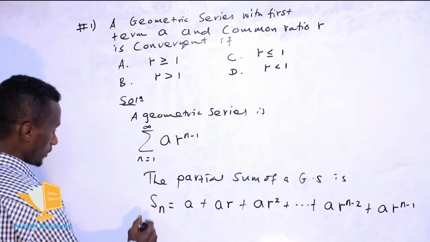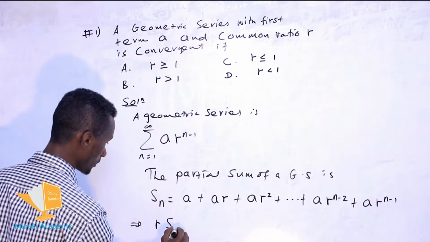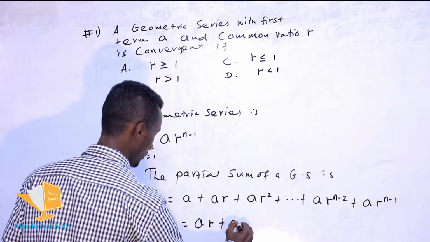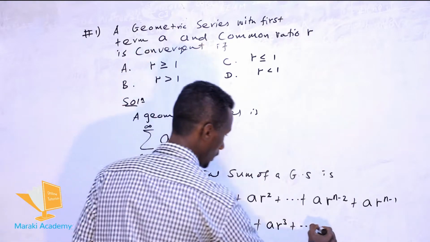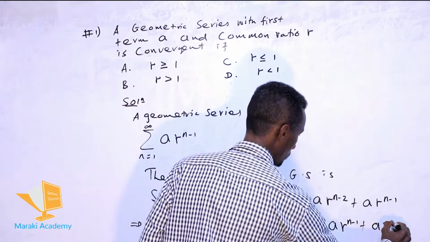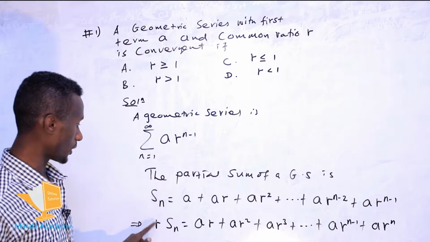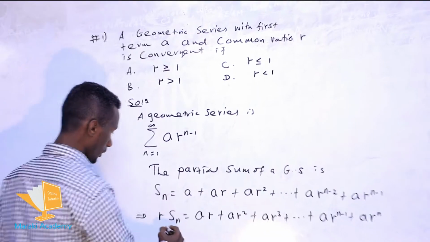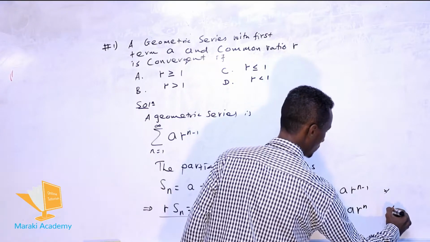When you multiply this by r, we get r times Sn, which is equal to a times r plus a times r squared plus a times r cubed, and so on up to a times r raised to n minus 1 plus a times r raised to n. When you multiply the nth partial sum by r, we get this form.